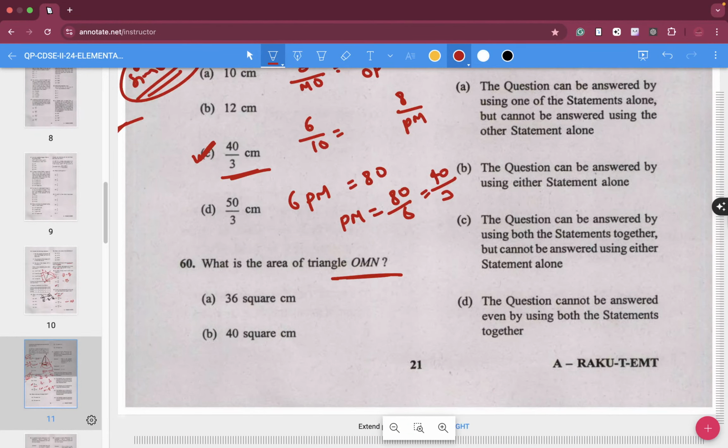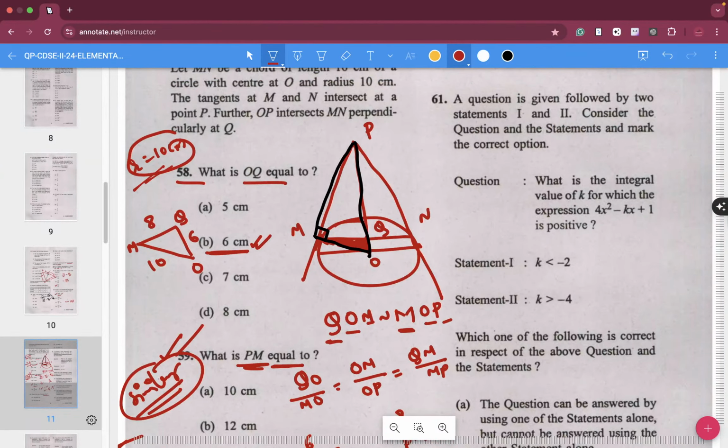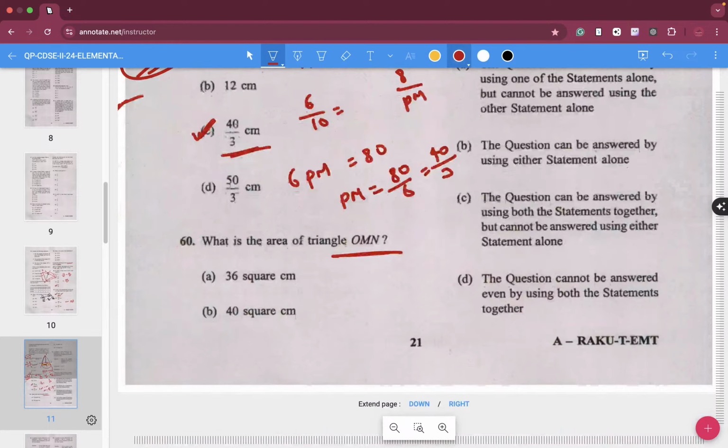What is the area of triangle OMN? Where is OMN? This is your OMN, in yellow over here. Area of triangle OMN is equal to half into base.